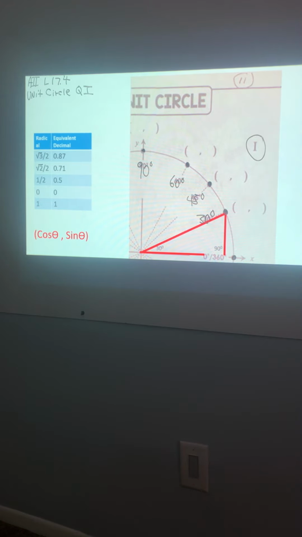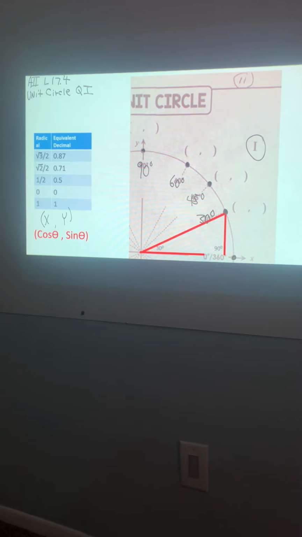Probably the most important thing on this screen is that x values are going to be the cosine of a given angle theta, and y is going to be the sine values of the given angle, or sine of theta. Again, look, alphabetical order. Must note this.